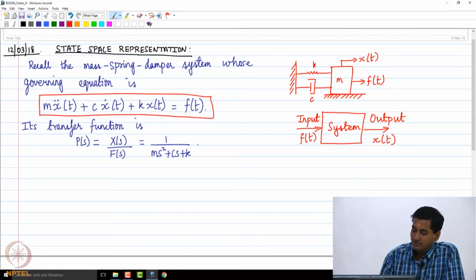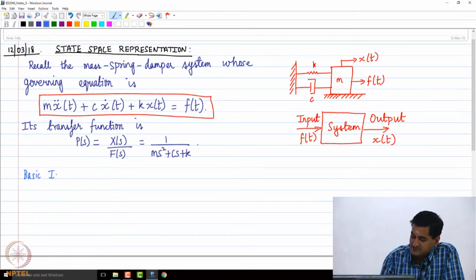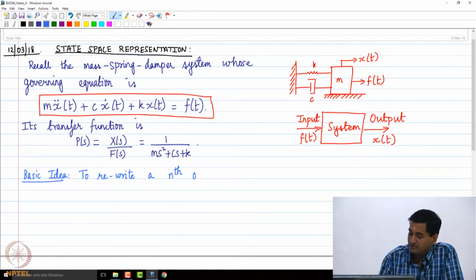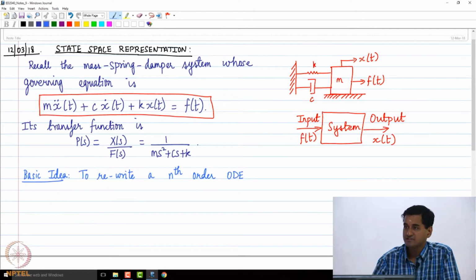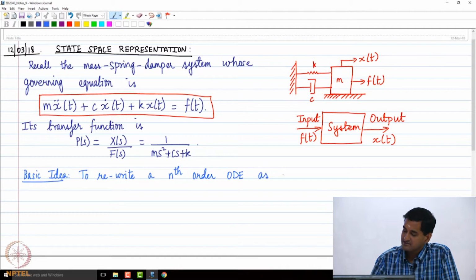Now, what is this state space representation? The basic idea behind the state space representation is to rewrite an nth order ODE, meaning ordinary differential equation, as a set of n first order ODEs.